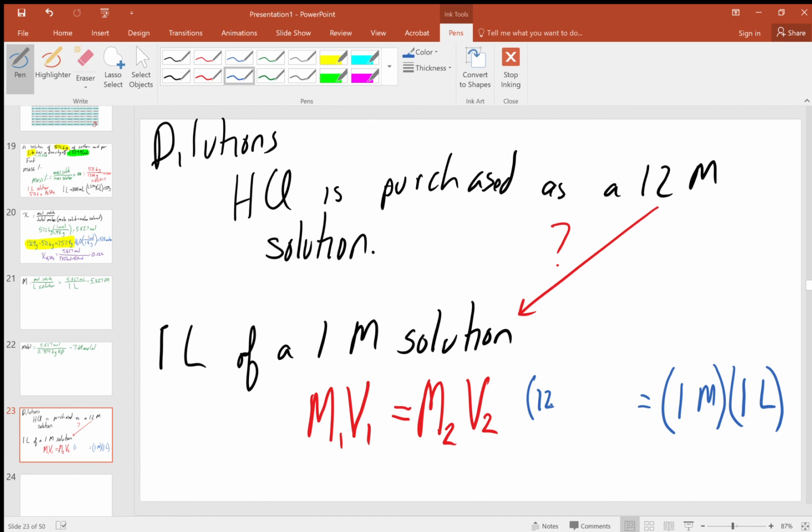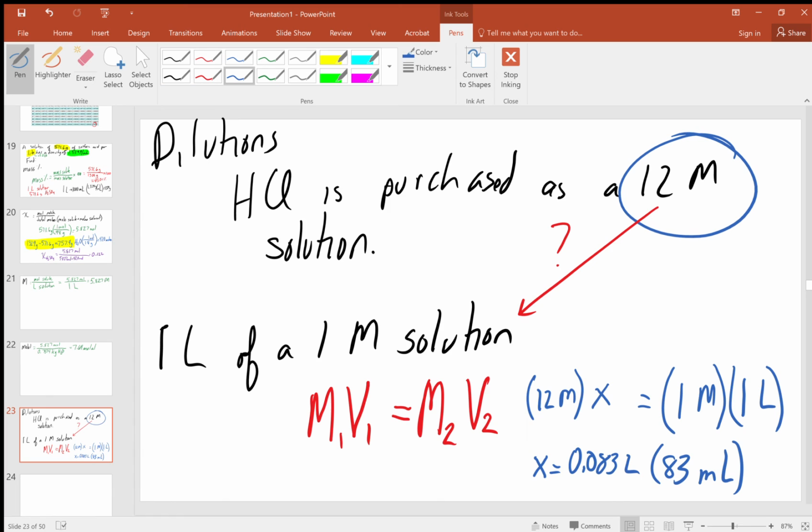We have a 12 molar solution. What volume do we need? And we can solve that, and we find that X is equal to 0.083 liters or 83 milliliters.